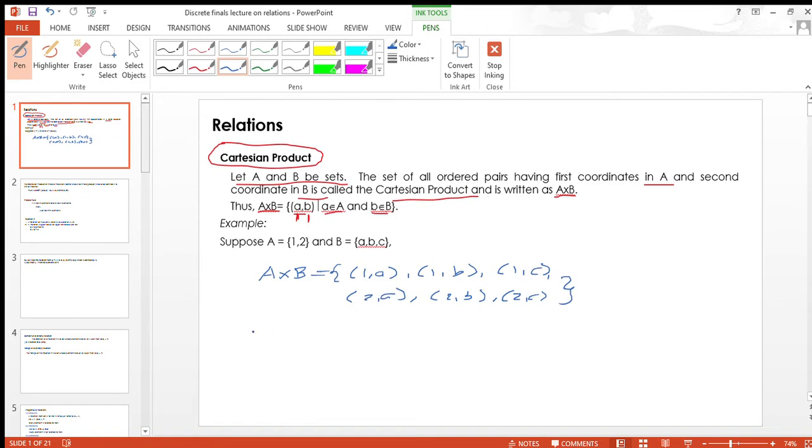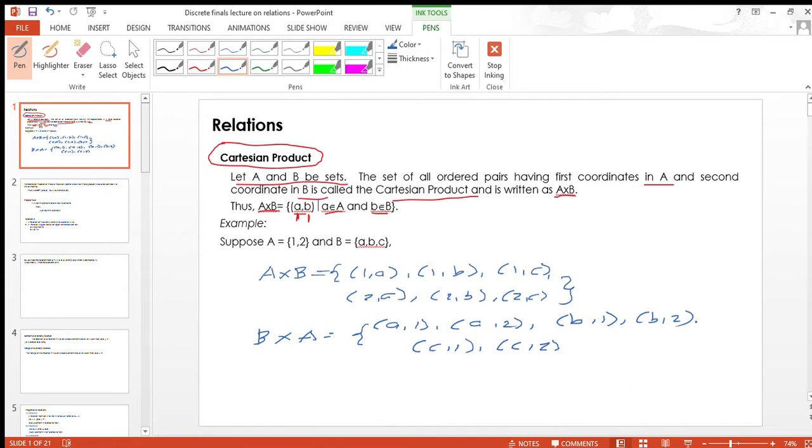Now, if you consider B cross A, this will be the other way around. You get every element of set B and pair it to every element of set A. So you have a paired to 1, a paired to 2, b paired to 1, b paired to 2, c paired to 1, and c paired to 2.